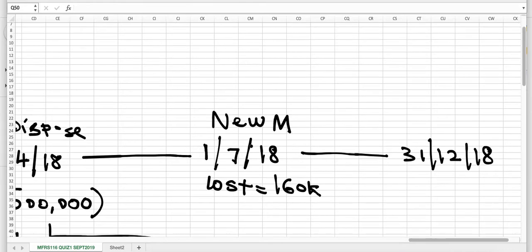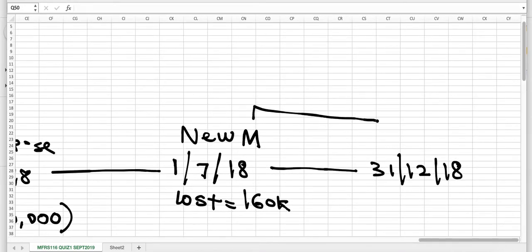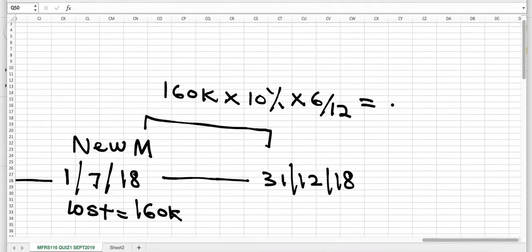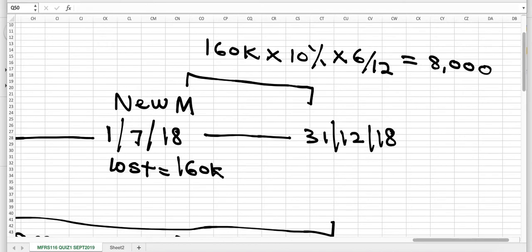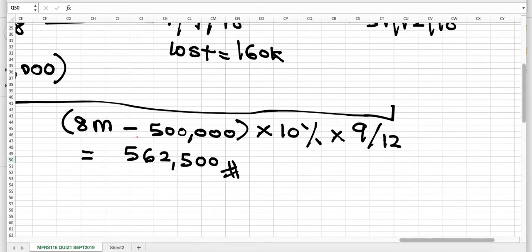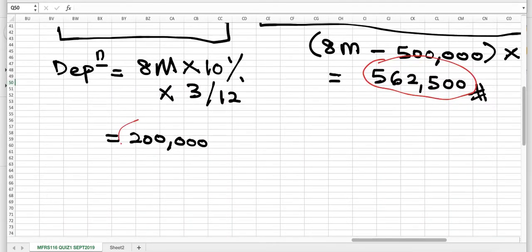And then on 1st July, you bought a new machine. So this is 6 months. So 160,000 times 10% times 6 over 12. So you get 8,000. So this will be the total depreciation will be 8,000, 562,500 and 200,000.